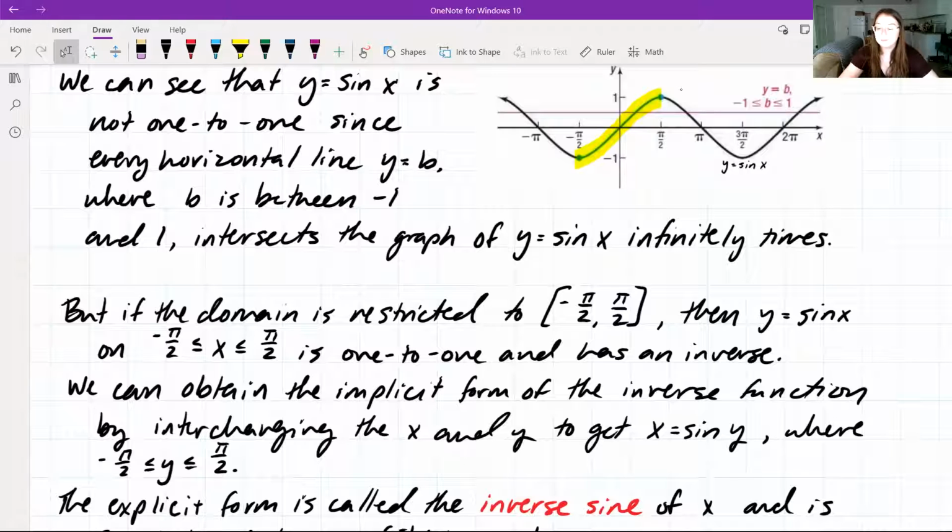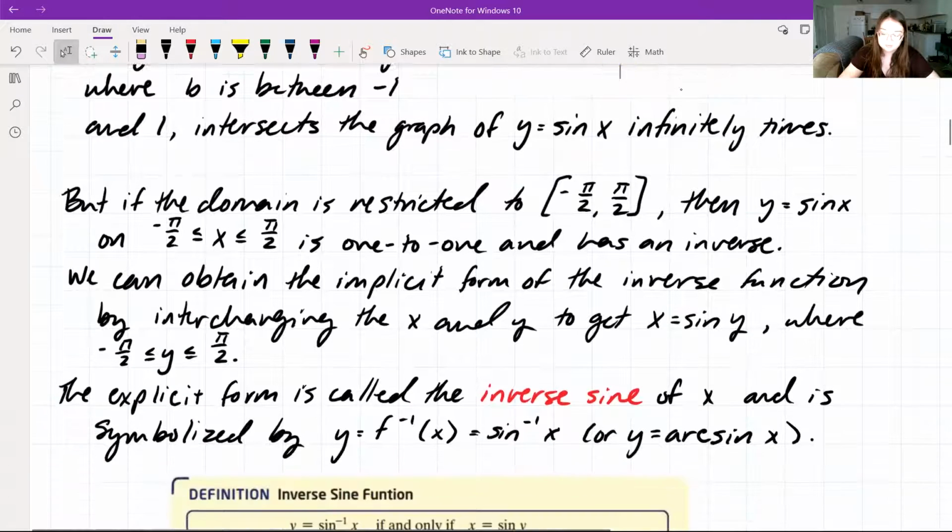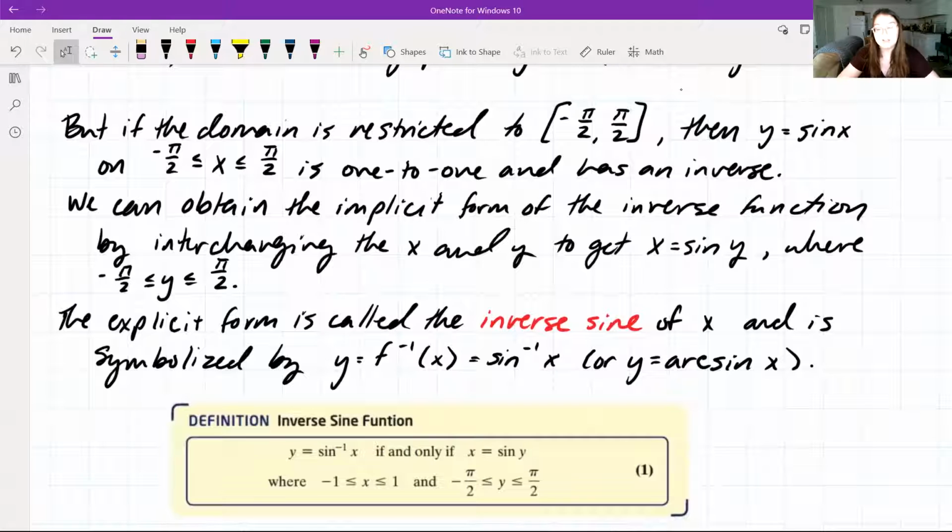We can obtain the implicit form of the inverse function by interchanging the x and y to get x is equal to sine of y, where now y is between -π/2 and π/2. The explicit form is then called the inverse sine of x, and it's symbolized by y is equal to f inverse of x, which is equal to sine inverse of x.